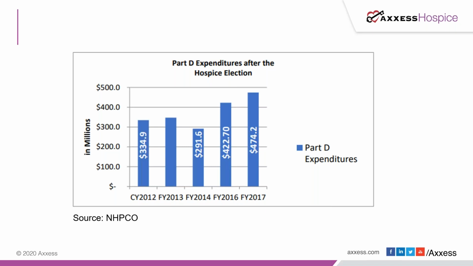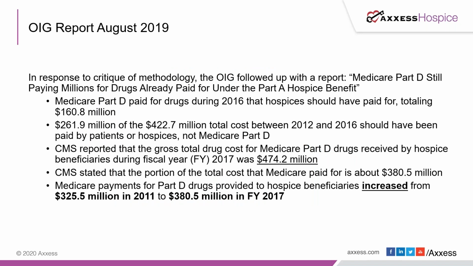Last summer, there were two reports the OIG put out. One of them everyone is familiar with, I'm sure, talked about possible fraud in admitting patients to hospice who were not eligible and potential fraudulent use of general inpatient and continuous home care.